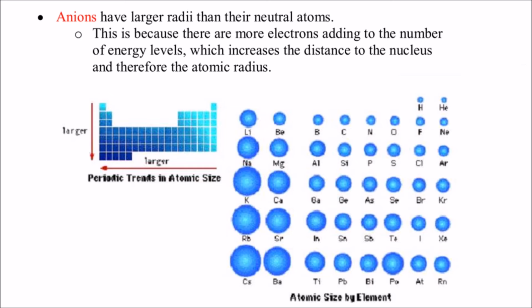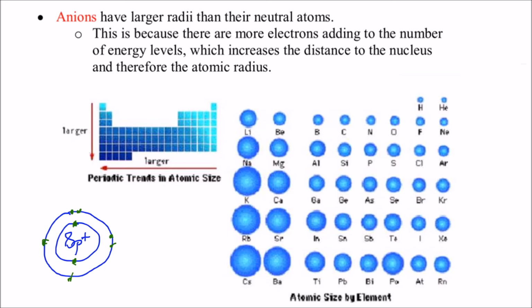Okay, so let's use oxygen as an example. Oxygen has 8 protons in the nucleus. Okay, so we've got 2 electrons, and then we've got the second energy level. We've got 1, 2, 3, 4, 5, 6, 7, 8.